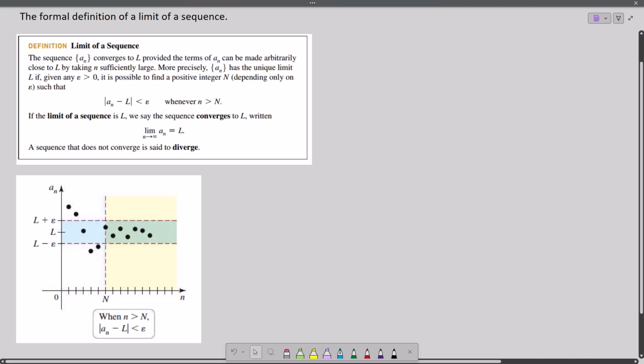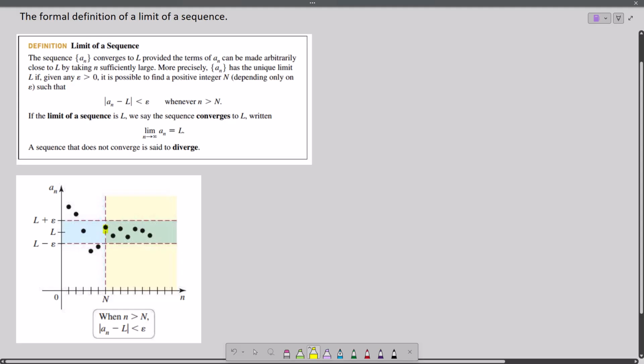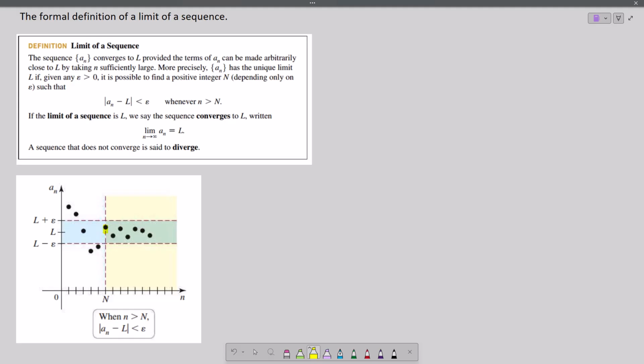And so when you think about this first part in the limit definition, a sub n minus L, that's representing this difference right here. So if I look at, say, this sequence value right there, L is a horizontal line going across, and that distance, a sub n minus L, is the distance between the sequence value and that potential limit.